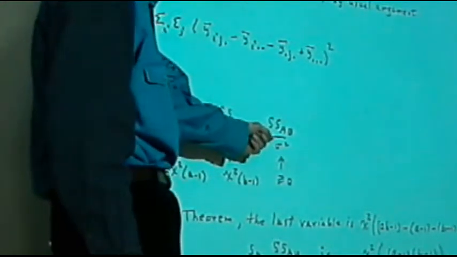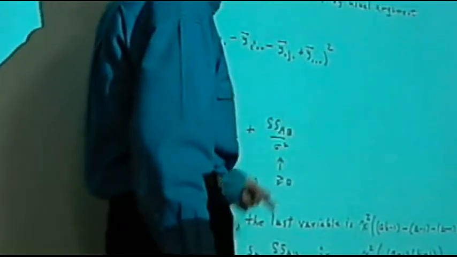The degrees of freedom for this last piece has to be such that they add up on both sides of the equation. So take the degrees of freedom you have here, subtract these degrees of freedom, subtract those degrees of freedom, and you're left with the degrees of freedom for the AB that we want.